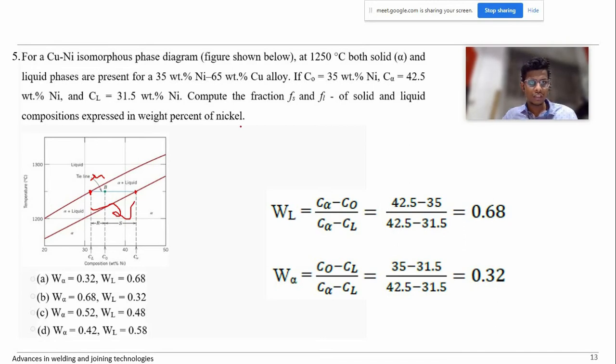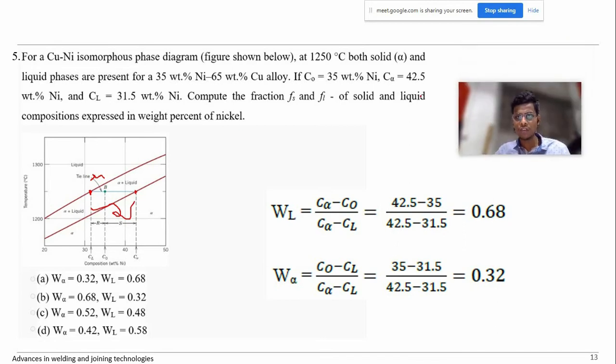C alpha is given as 42.5, C naught is 35%, and CL is 31.5. Substituting in C alpha minus C naught divided by C alpha minus CL, I get 0.68.